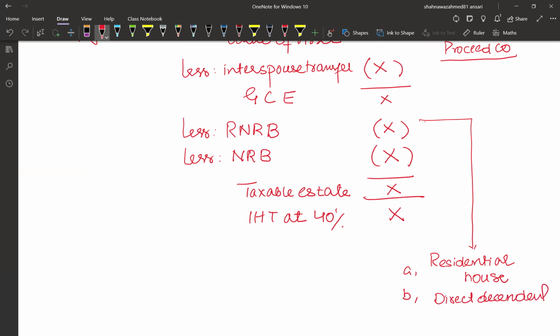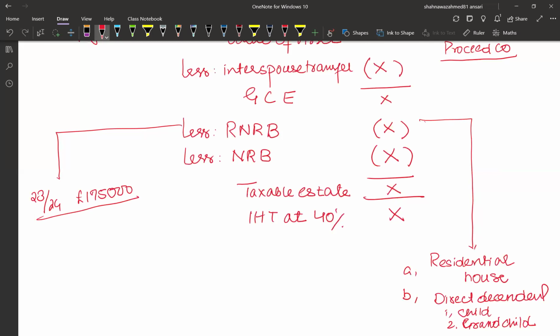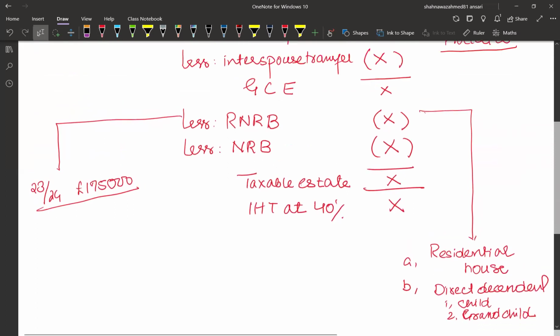Direct descendants include children and grandchildren. So if the house was given to children or grandchildren, then RNRB would be applicable. And the RNRB value for tax year 23-24 is 175,000.